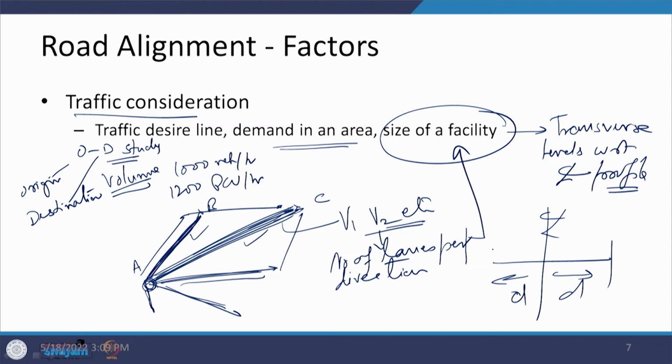Now, this distance d may be like say 25 meters on this side and 25 meters on this side, or it may be simply 5 meters on this side and 5 meters on this side. It all depends on the size of the facility, the type of road which needs to be provided. So, we need to collect this information when we are going for a survey.